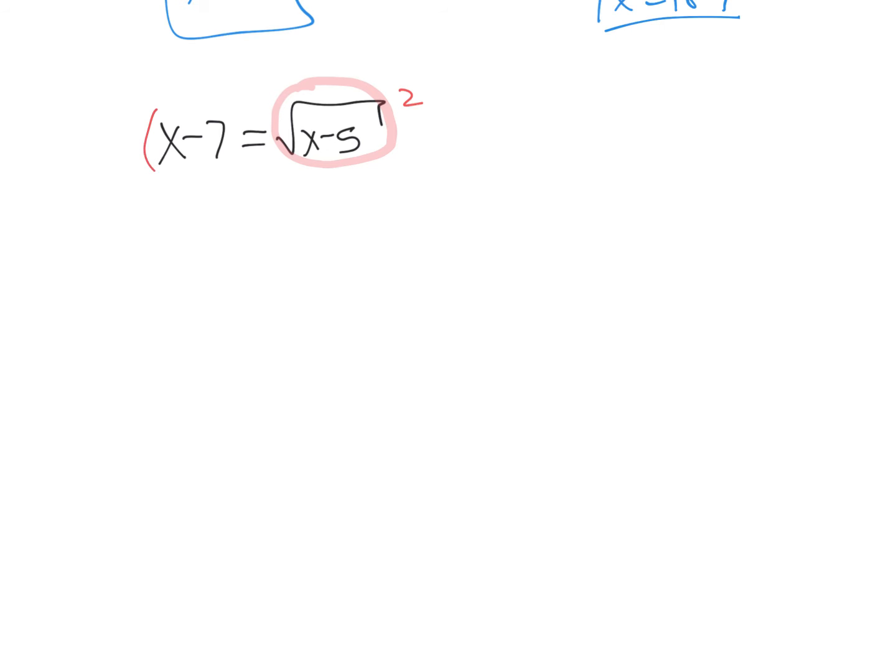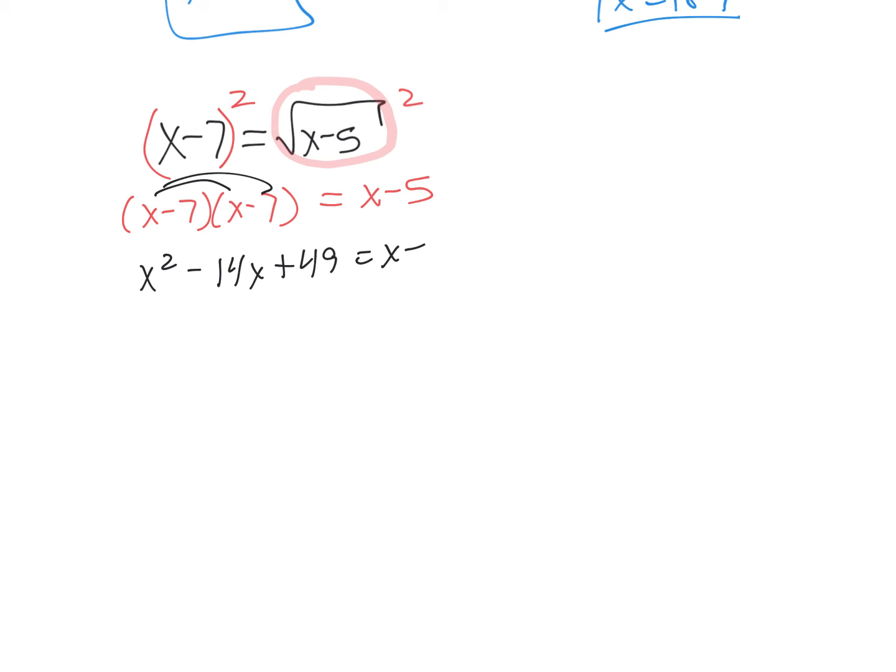However, I have this x minus 7, so I need to keep that in parentheses and take it to the power of 2, okay? And so then remember that means x minus 7 times x minus 7 equals now x minus 5. We're going to distribute, so we get x squared minus 14x plus 49 equals x minus 5, right?